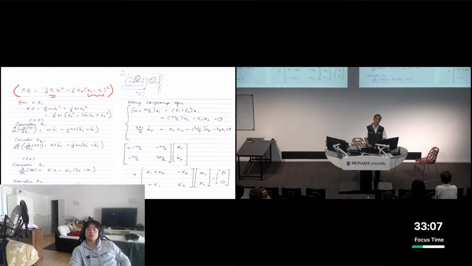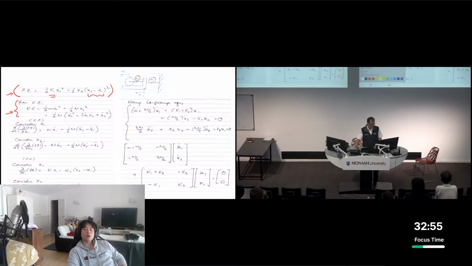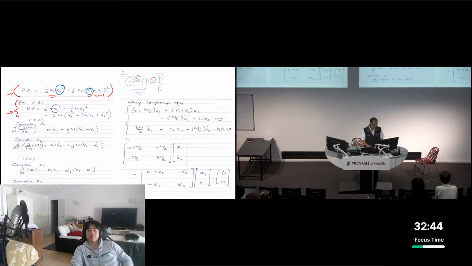So now what we have is the potential energy and the kinetic energy. But what you will realize is that when we've derived this energy equation, we have generalized coordinates x1 and x2.